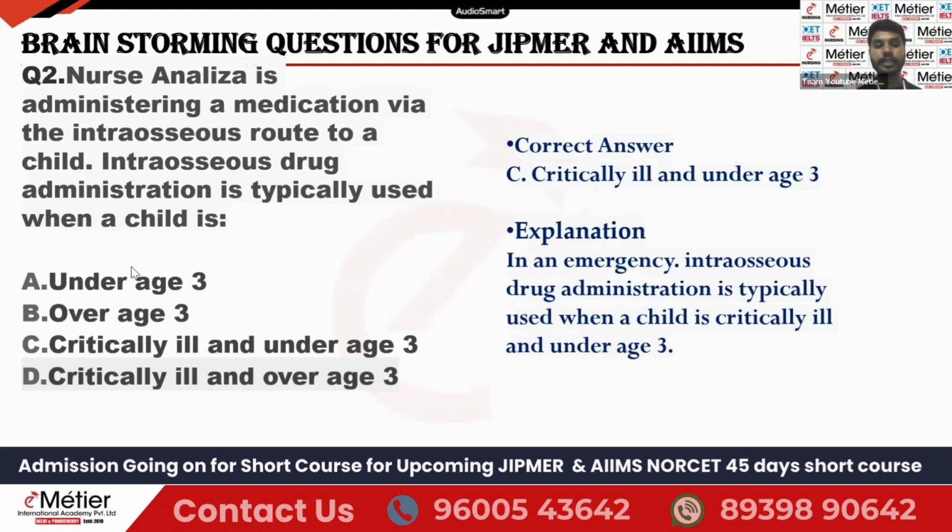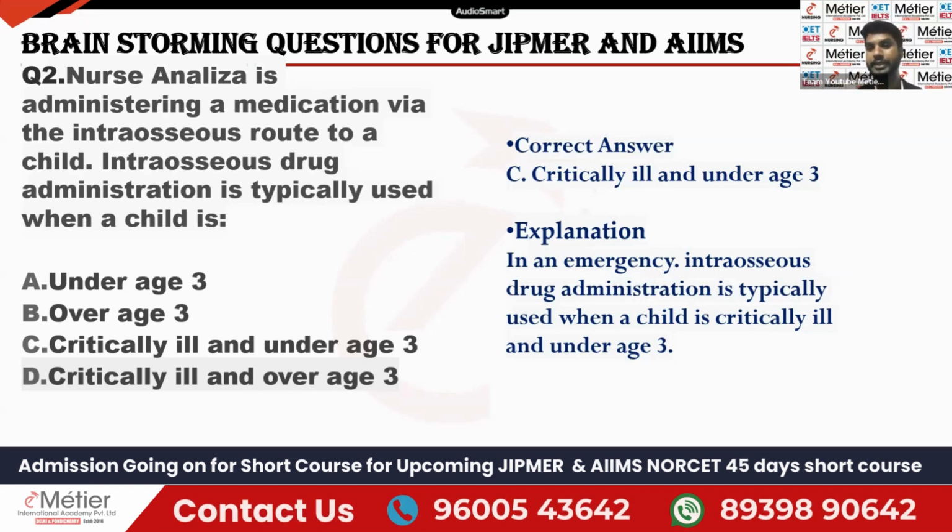The remaining options, under age 3, over age 3, critically ill and over age 3: in all these conditions, whether above the age of 3 or under the age of 3, we can detect the veins easily. So when can we use this intraosseous route? When a child needs the administration very vigorously, we need to administer in a very fast way, or you are unable to detect the veins or arteries, at that time you can use it. For a critically ill child under age 3, intraosseous drugs can be administered.